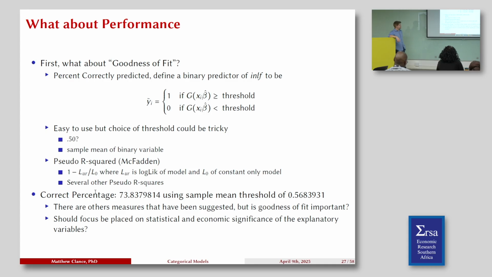You can also use the McFadden version. There are a few of these, but generally this is how they're set up: you run a constant-only model, and that gives you a likelihood. Then when you run your model, remember, it's a log likelihood, so instead of being between 0 and 1, it's between 0 and negative infinity. You start off at one point with your constant-only model, how well it defines your probabilities.